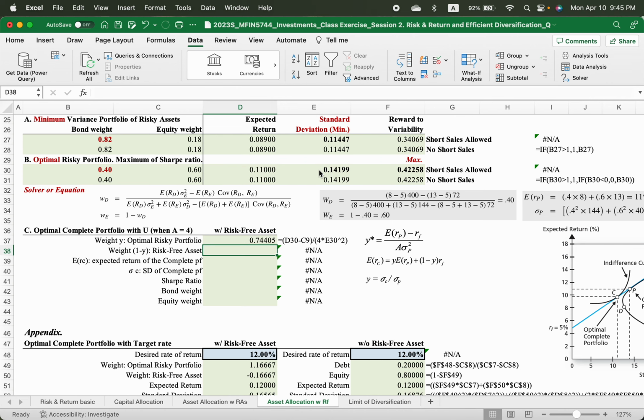The optimal weight of the risky portfolio that is comprised of the bond and the equity is now 74%. So automatically the risk-free asset will invest 25%.